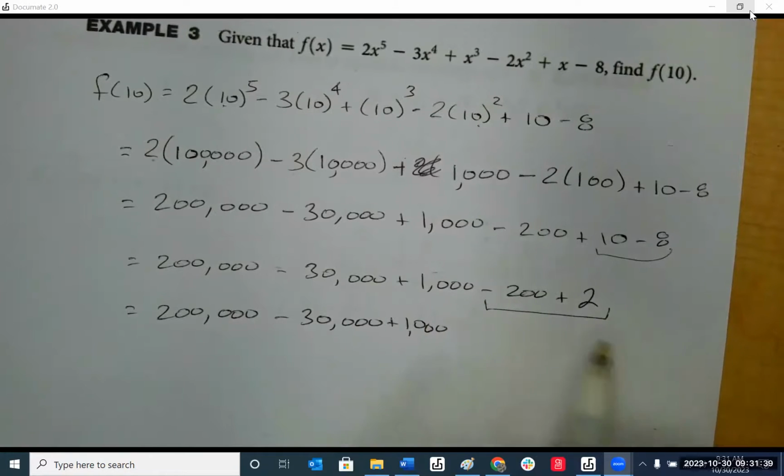Negative 200 plus 2 is, since 200 is bigger, it's negative. 200 minus 2 is 198.